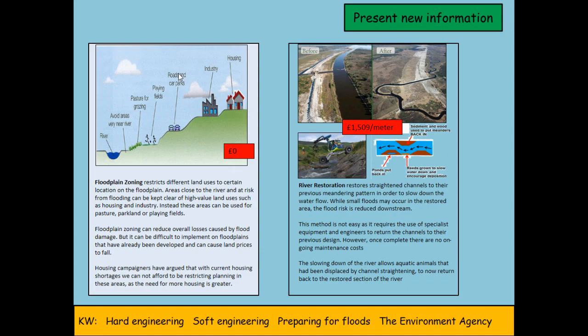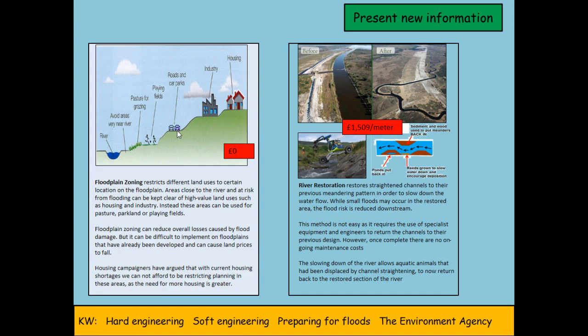Then on the next level up, you would build your roads and your car parks because, again, if that flooded, yes, if there was a car left there after a flood warning, that would get ruined.